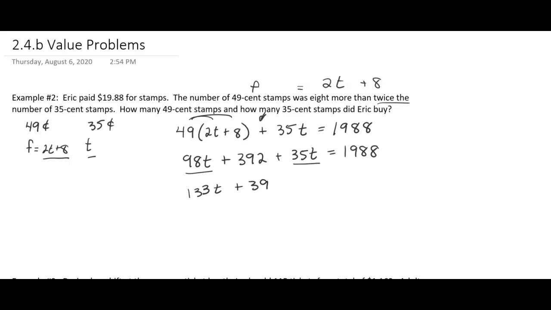Plus 392. Now again, I have to have a whole number answer. I can't have a fraction because you can't buy part of a stamp. You either buy the whole stamp or you don't. And I can't have a negative number because I'm not going to buy a negative number of stamps. Okay, subtract the 392.